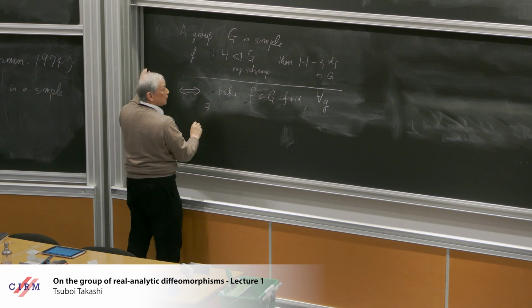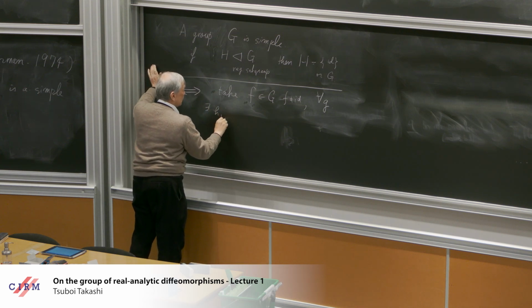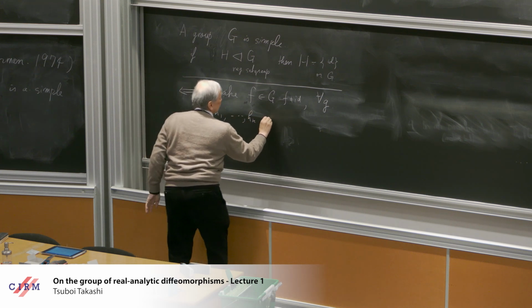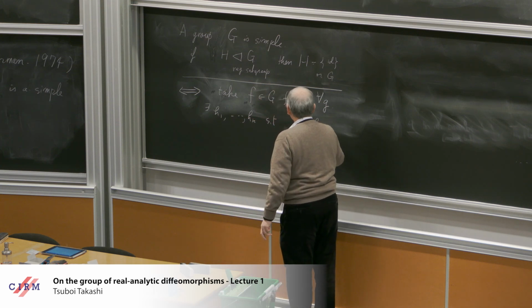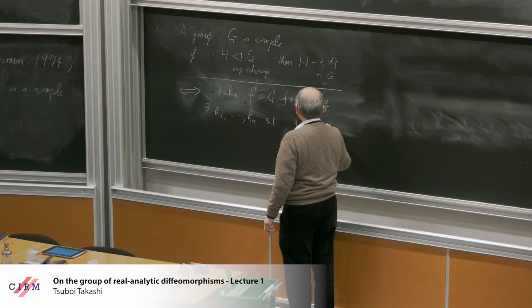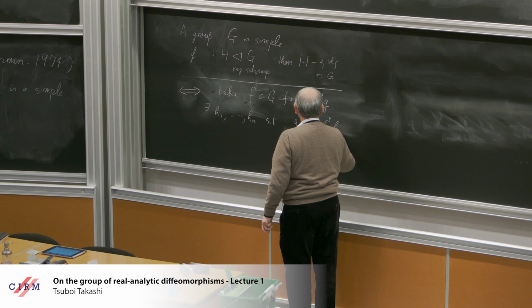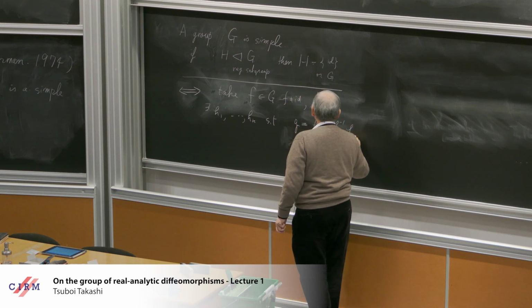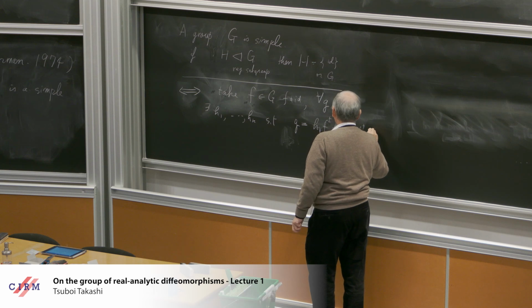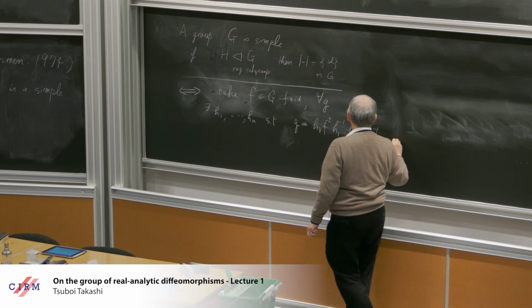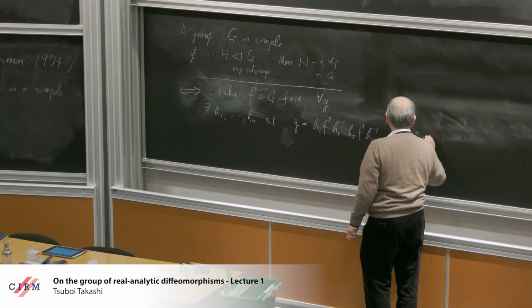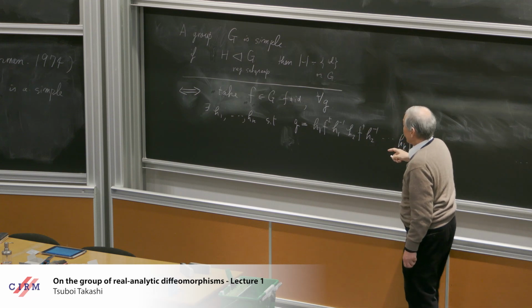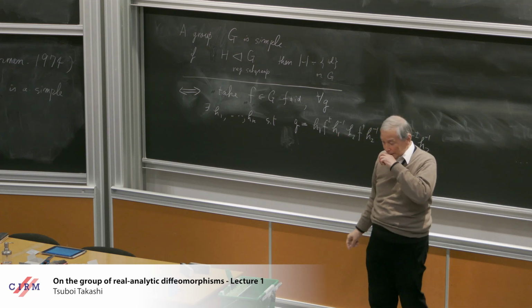There exist finitely many h1, ..., hk such that G is the product of the conjugates h1 f^{±} h1 inverse, h2 f^{±} h2 inverse, ..., hk f^{±} hk inverse, where f plus is f itself and f minus is the inverse of f.